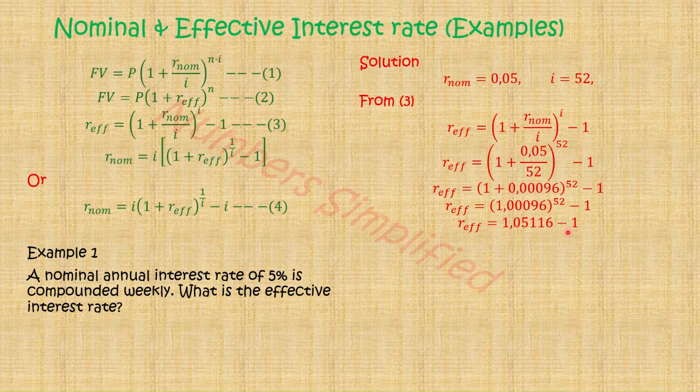And of course, this is easier to simplify so that we get our effective interest rate is 0.05116 in decimals. Therefore, as a percentage, we get our answer as 5.12%. And that's how we get the answer to this particular example.